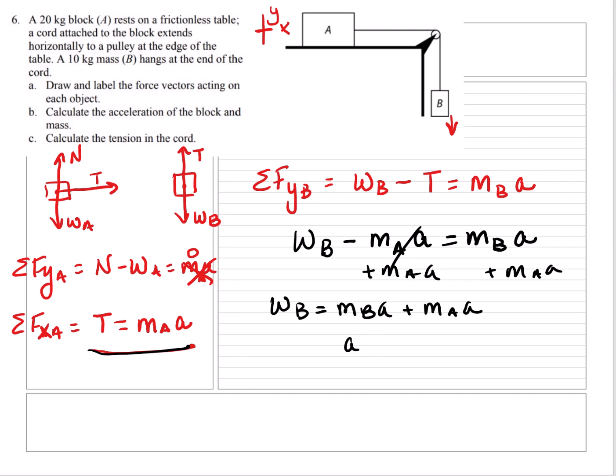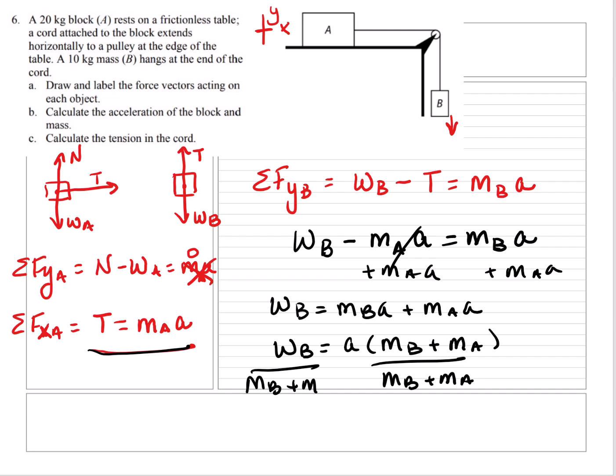You could factor out acceleration. This is equal to W_B. Divide both sides by m_B plus m_A. So a becomes W_B over m_B plus m_A.